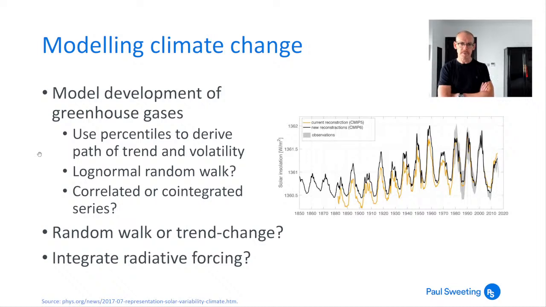And integrating radiative forcing, the solar forcing, the power of the sun, you could do, and I don't think it would hurt. It might be useful if you saw any slowing down of the change in the temperature despite carbon dioxide emissions continuing to rise, because if you had reduced solar forcing offsetting some of the impact of carbon dioxide, that might not necessarily be the case in the future.